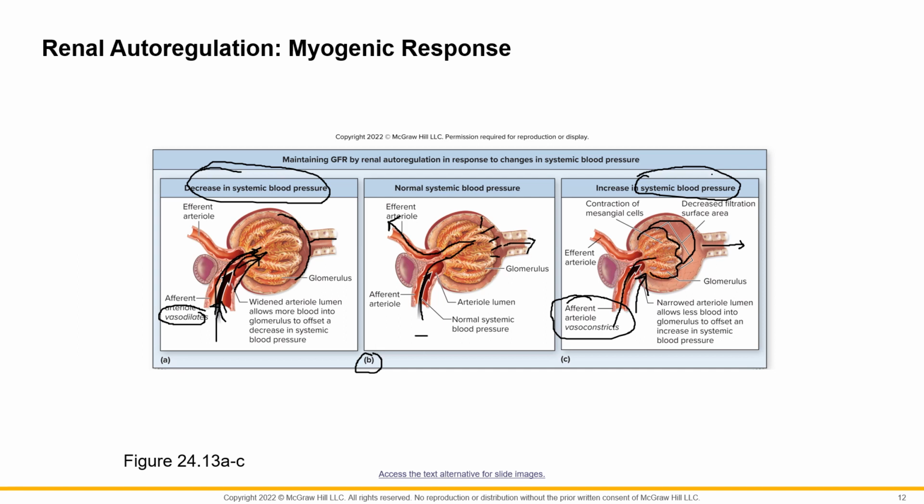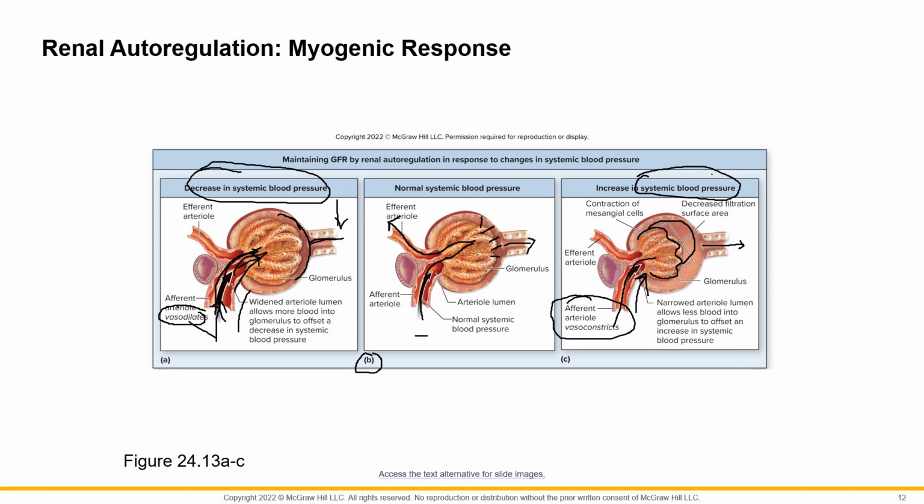So middle is homeostasis. If your blood pressure goes down, your blood volume goes down, your GFR goes down. Your kidney fixes it by vasodilating the afferent arteriole. More blood goes into the afferent arteriole, more filtrate gets produced. More filtrate gets produced, you're able to excrete your waste in urine.